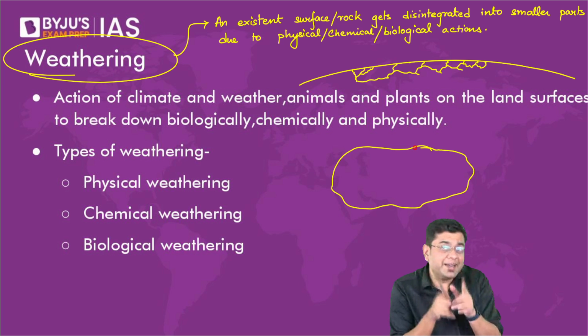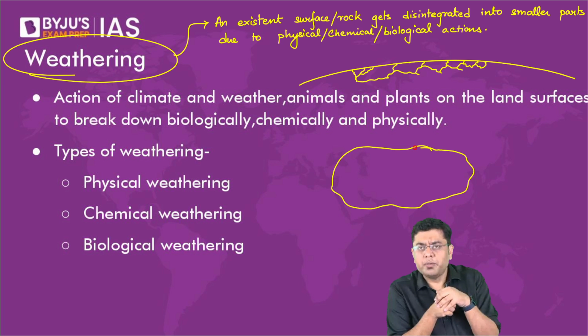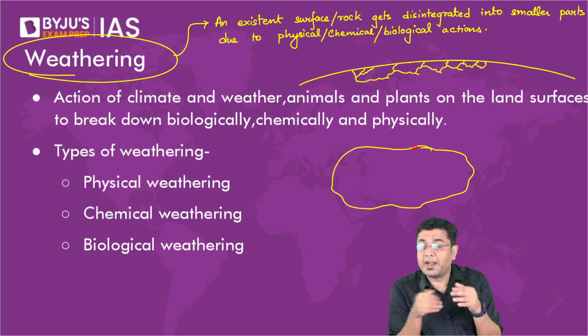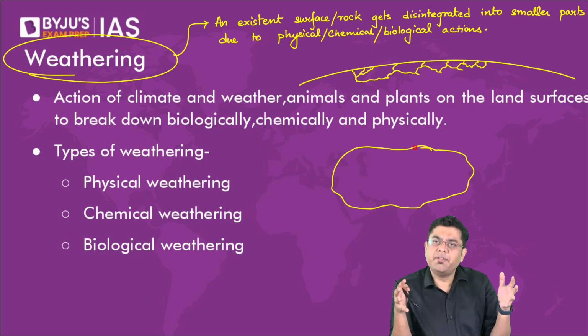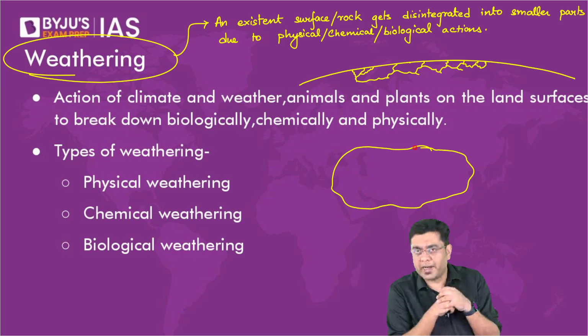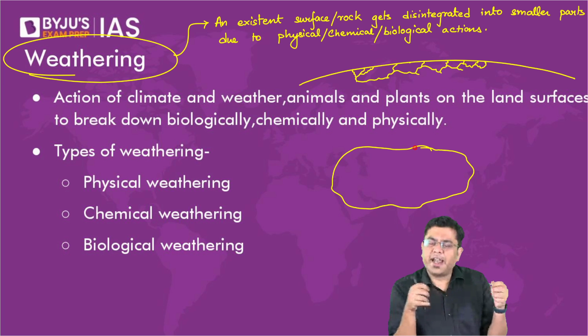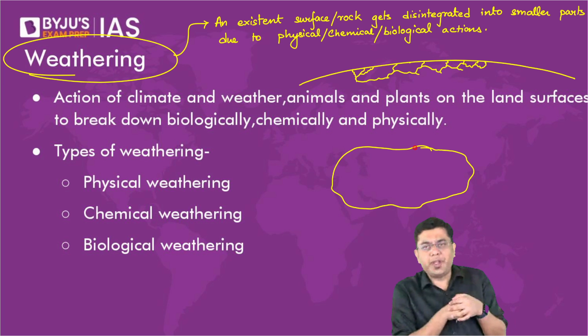Now, if the winters are very cold, maybe 0 degree, -1 degree, etc., then there will be some amount of contraction. All the materials contract when they get cold. So the rocks will contract. Again in the summers they will expand, again in the winters they will contract. Now this is a kind of expansion and contraction where the structure of the rock in itself sometimes gets weakened.